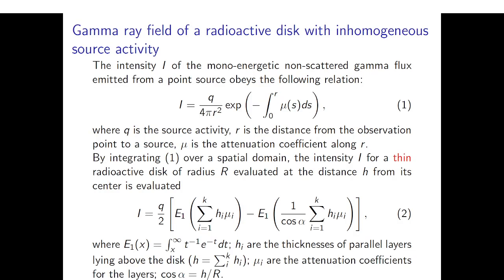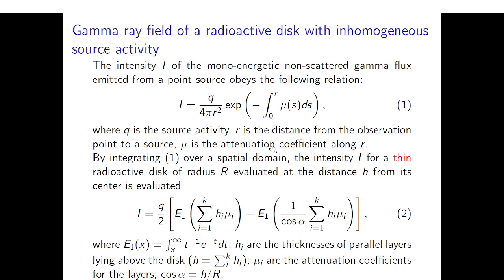To begin with, let us briefly recall classical results. The intensity I of the monoenergetic gamma flux emitted from a point source obeys relation 1, where Q is the source activity, R is the distance between the observation point and the source, and mu is the attenuation coefficient.